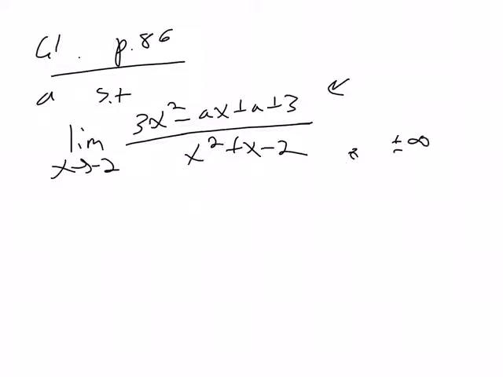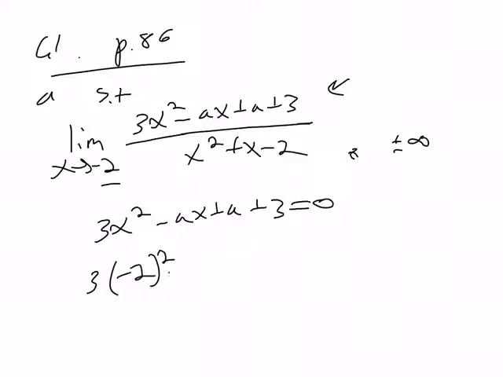So the only way for this to exist is if in the numerator we have 3x squared plus ax plus a plus 3 equal to 0. And we want this to equal 0 when we plug in negative 2. So we want 3 times negative 2 squared plus a times negative 2 plus a plus 3 to equal 0.